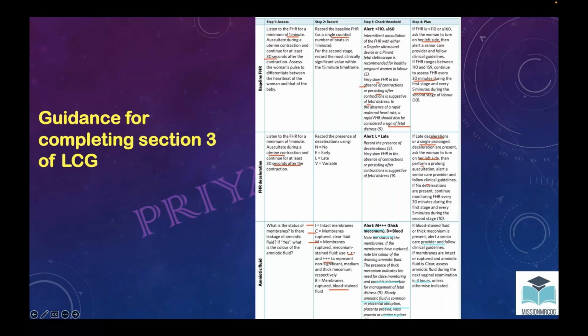So fetal heart rate. What they want is that we have to listen to it for at least 1 minute, that we already know. Apart from this, they want 30 seconds: if auscultation is done during a uterine contraction, then it should continue at least 30 seconds after the contraction also. Now first they will listen, then they will record.